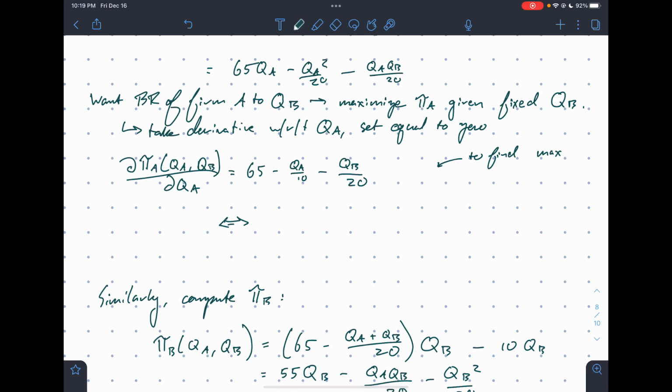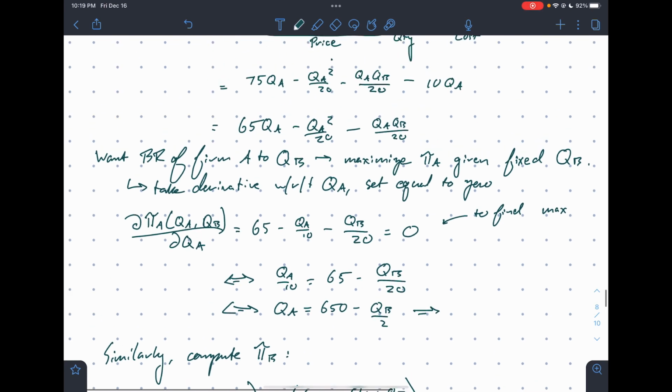Just going to move this over. So this means that I have QA over 10 is equal to 65 minus QB over 20. Okay, and finally, QA is equal to 650 minus QB over 2.